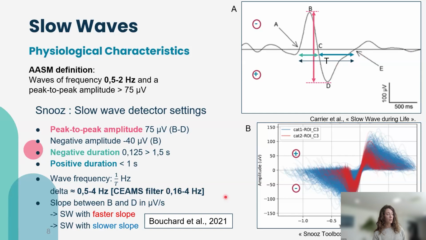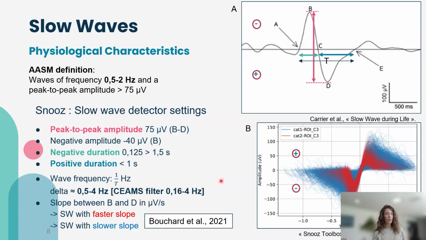So the frequency band characteristics of our detector is broader than the frequency band defined by the AASM. It reflects more the delta band from 0.5 to 4 Hz.